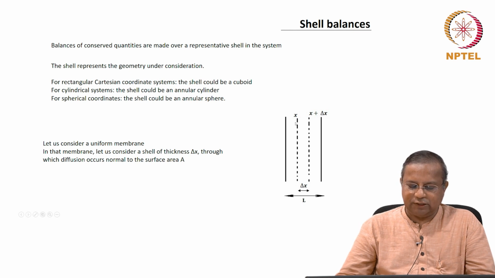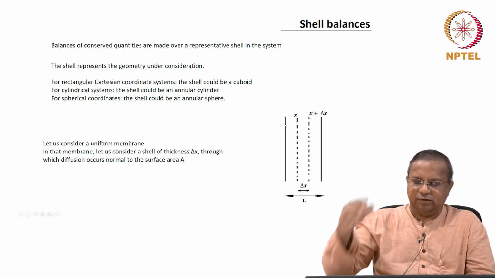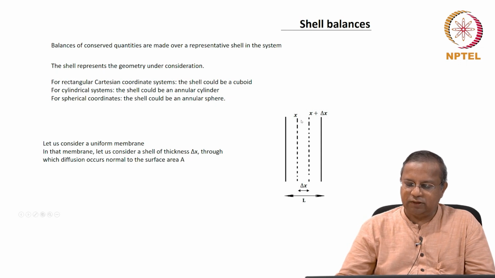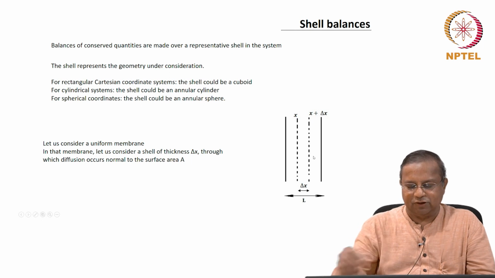We are going to consider a shell because this is to begin with a cuboid, right. I have just drawn 2 dimensions here. You could extend the 3rd dimension and consider it a cuboid. You take a thin shell of thickness delta x. So, that is represented as x here and x plus delta x here. This is very thin. I have just expanded the delta x to show you, so that you can see it.